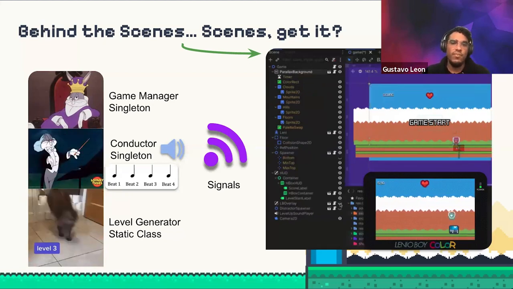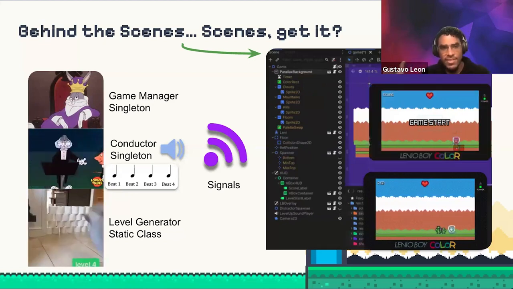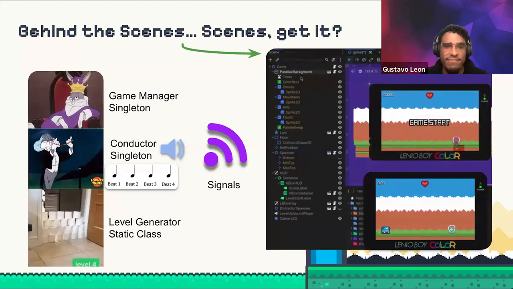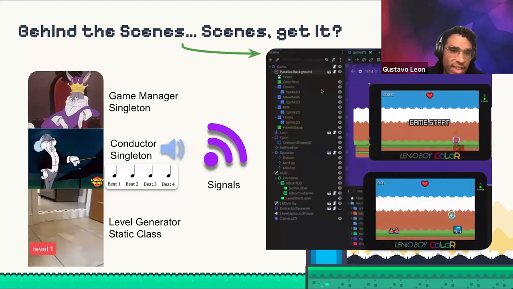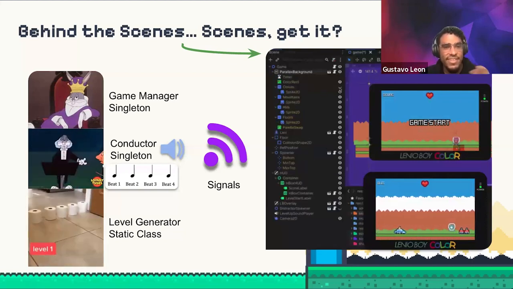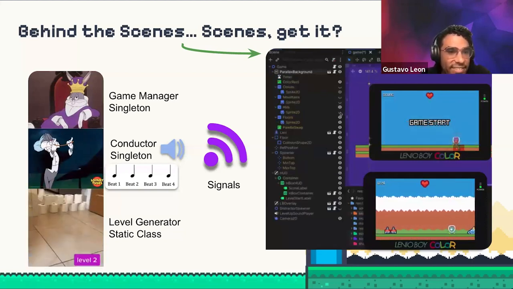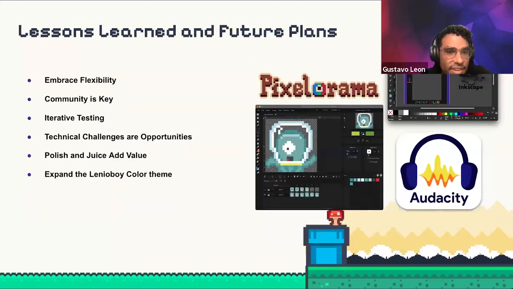And to finish, I want you guys to play the game, and maybe you can also report feedback. So, lessons learned and future plans for this. Obviously, embrace flexibility. I don't recommend it though if you're working on a commercial project.